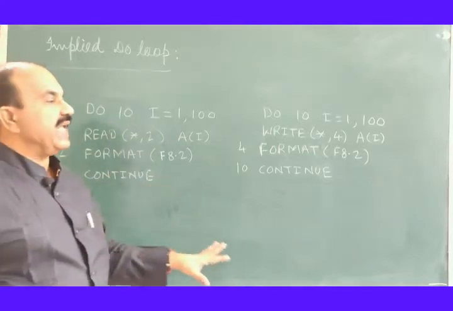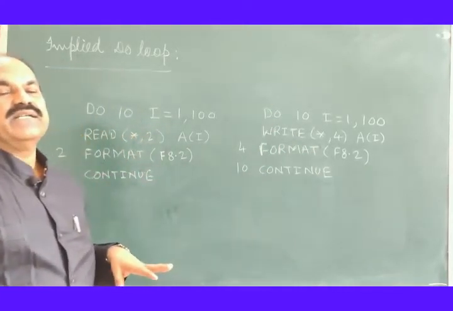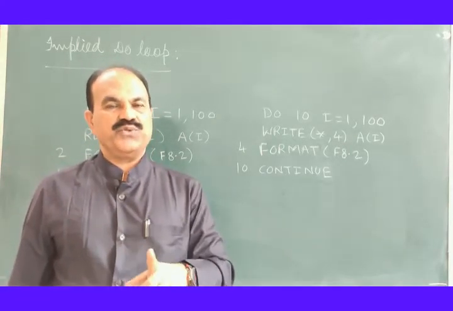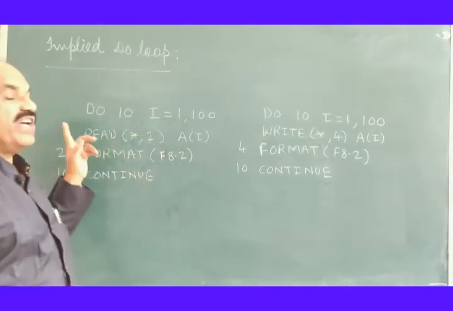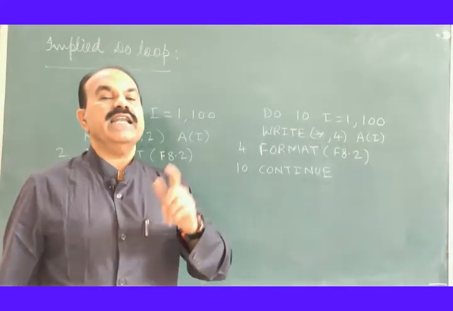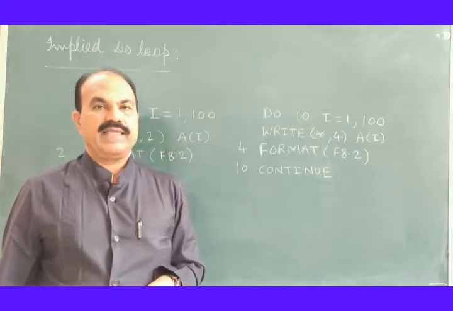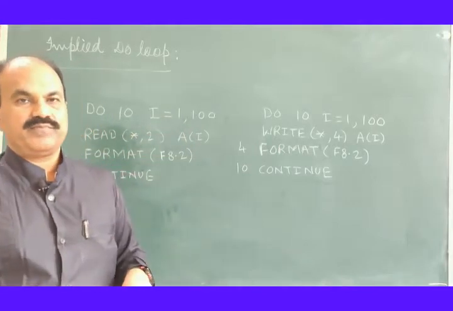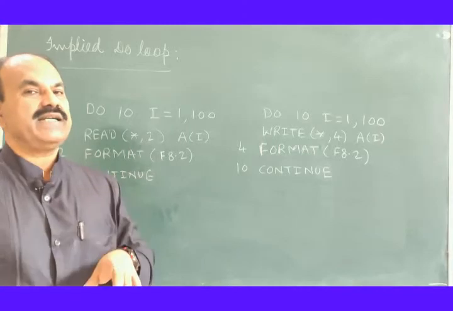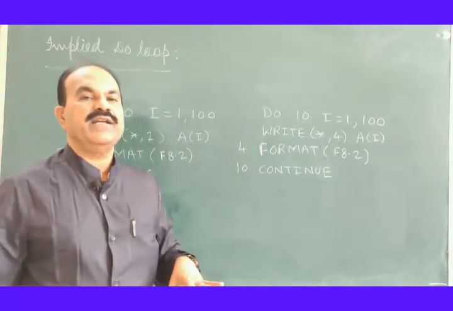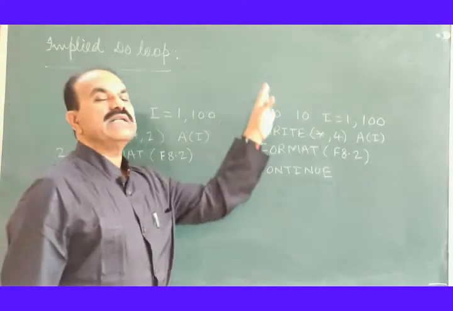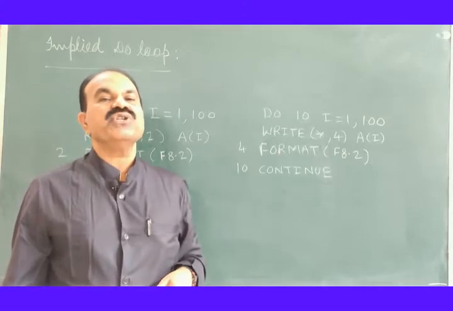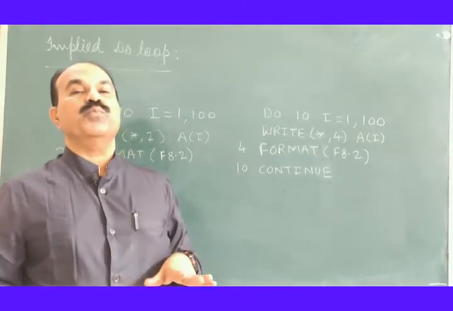This can be done in a single line. This can also be done in a single line. So whenever we use a single statement for reading or writing the elements of an array, that way is known as implied do loop.